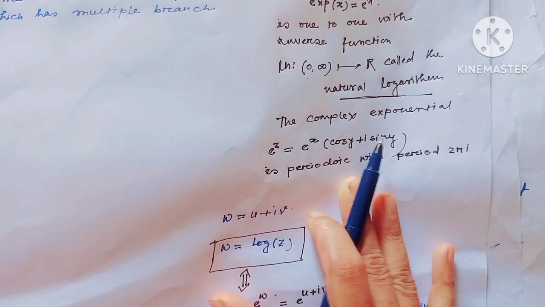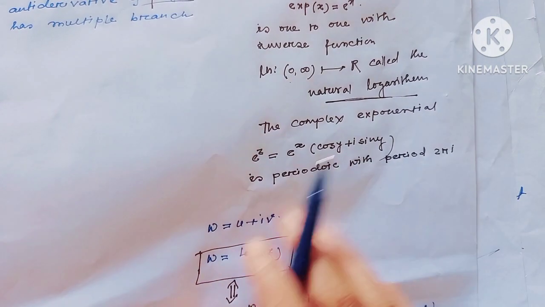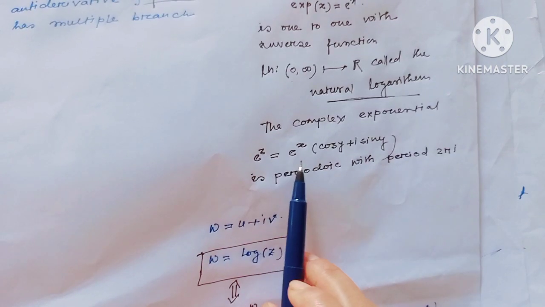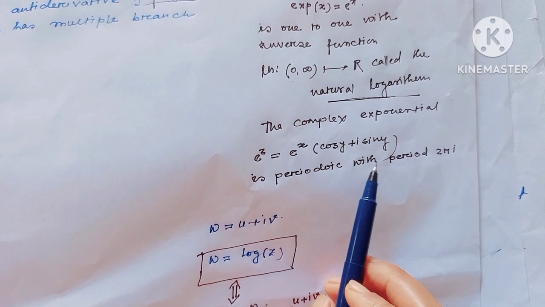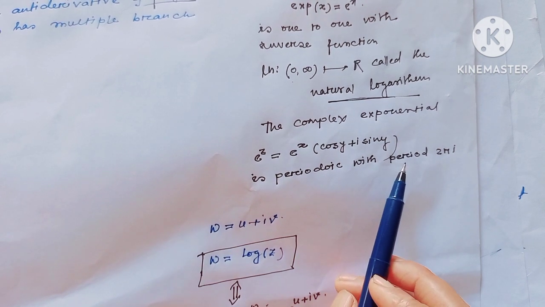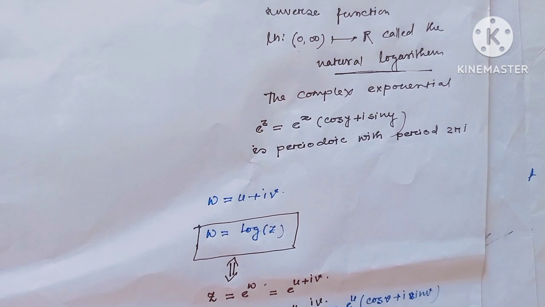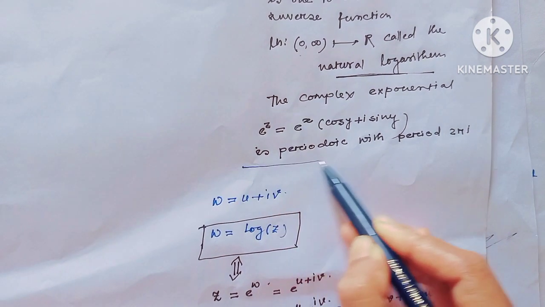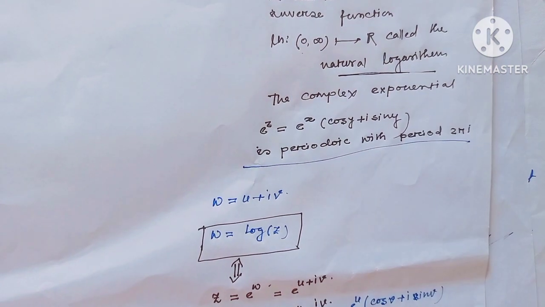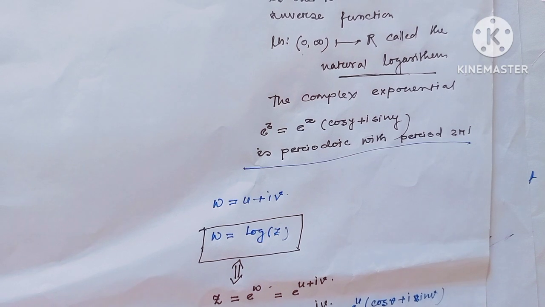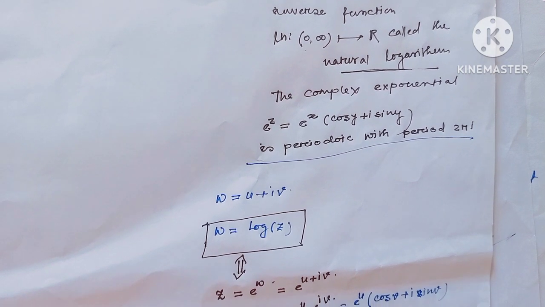But the complex exponential function e to the power z means e to the power x times cos y plus i sin y. Obviously, e to the power z is a periodic function with period 2 pi i.